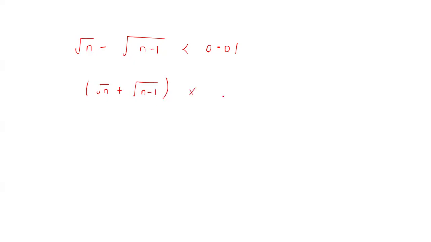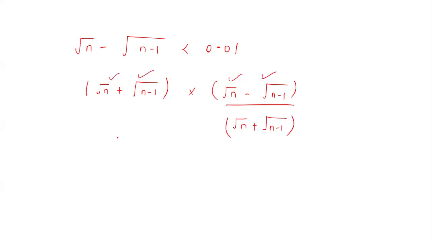This becomes an (a plus b)(a minus b) type, so it is a square minus b square. It becomes n minus (n minus 1), which is 1, divided by root of n plus root of n minus 1.